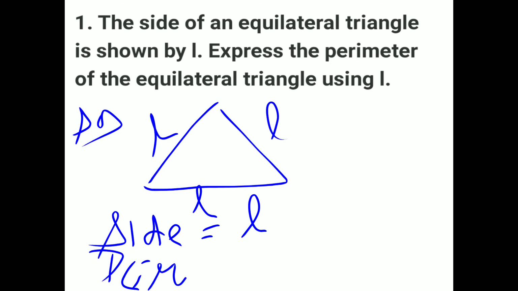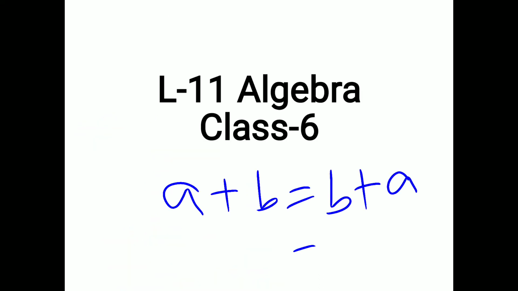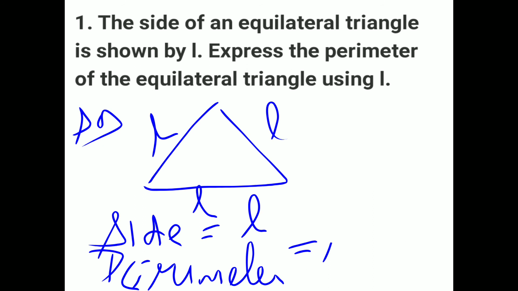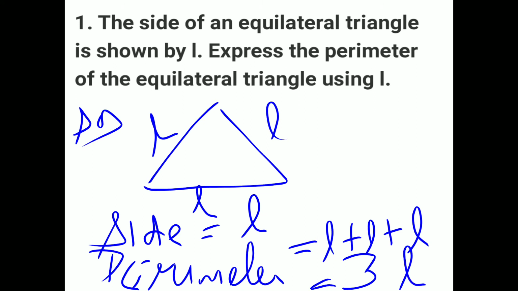As you know, in an equilateral triangle all sides are equal, so L plus L plus L. If you add L 3 times, its formula will become 3L.